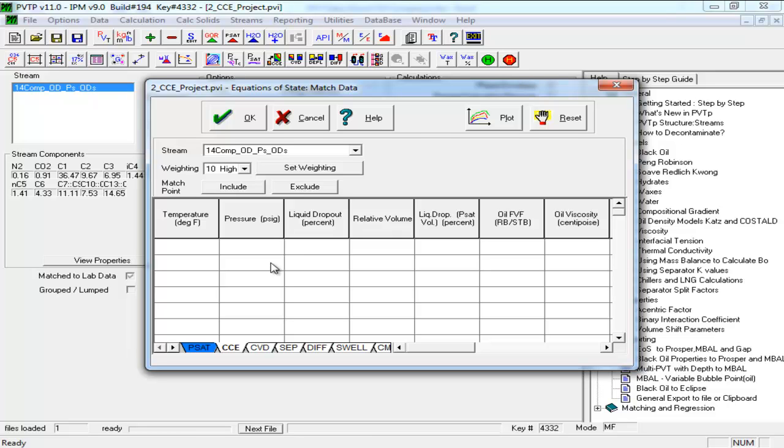We need temperature, pressure, and relative volume. This is what we have here. Since the temperature is constant in CCE, you don't need to repeat that. Just enter one value here and then enter the pressure. From experiment, then we go to CCE.